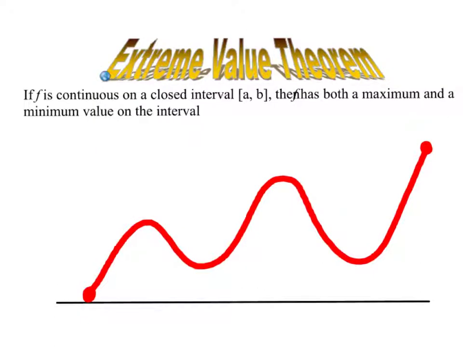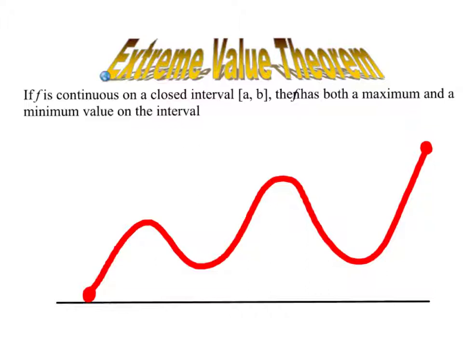The extreme value theorem says that a function is going to have a maximum and a minimum as long as it is defined at its endpoints. Okay, and of course I drew up this picture specifically so you can see the absolute minimum is the left endpoint, the absolute maximum is the right endpoint.